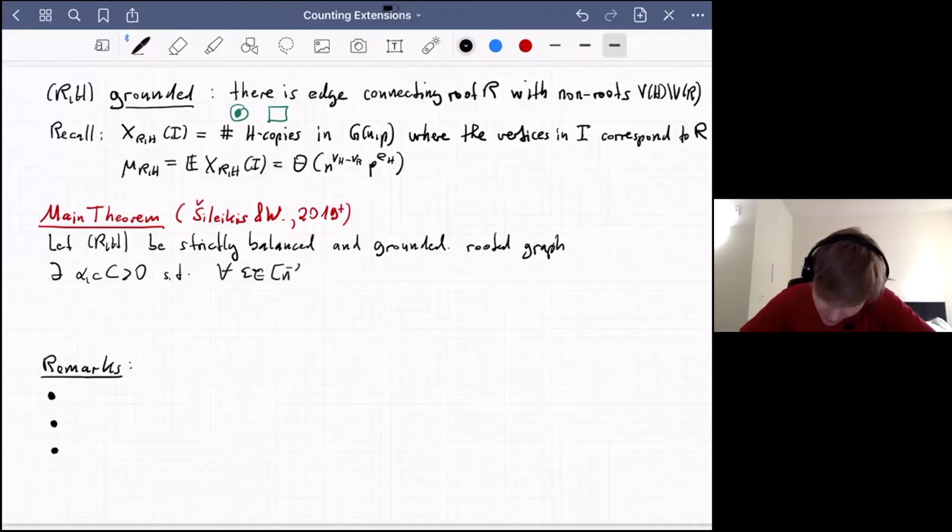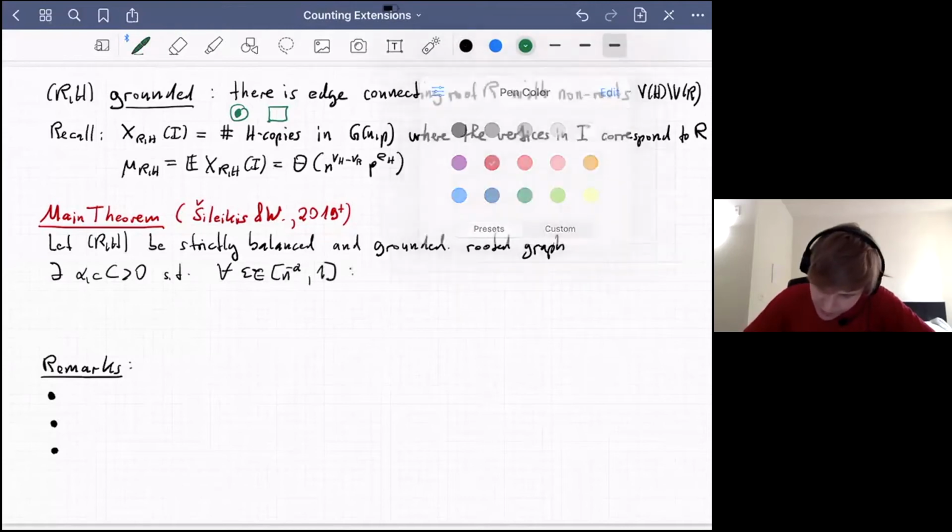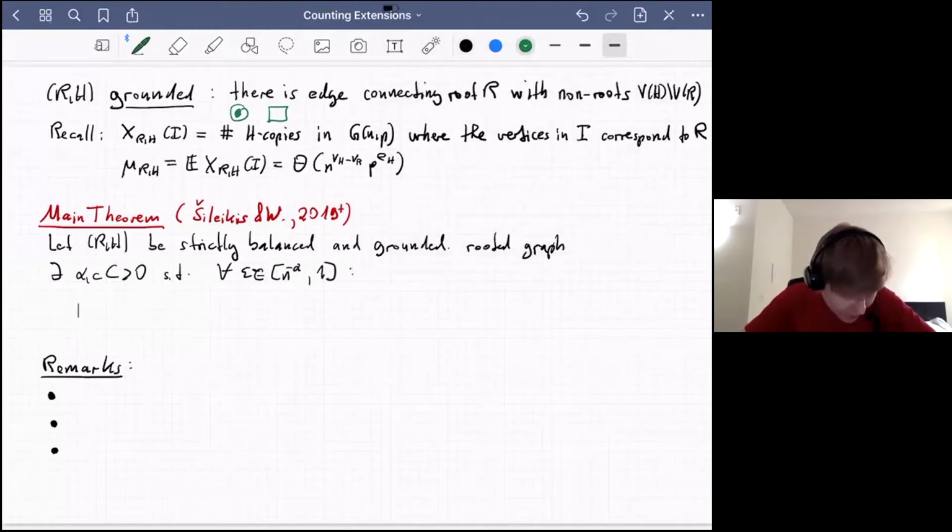We can allow epsilon to go to 0 at some small rate. The main statement is that we get some threshold phenomena. We're interested again in the probability that all these extension counts are correct.